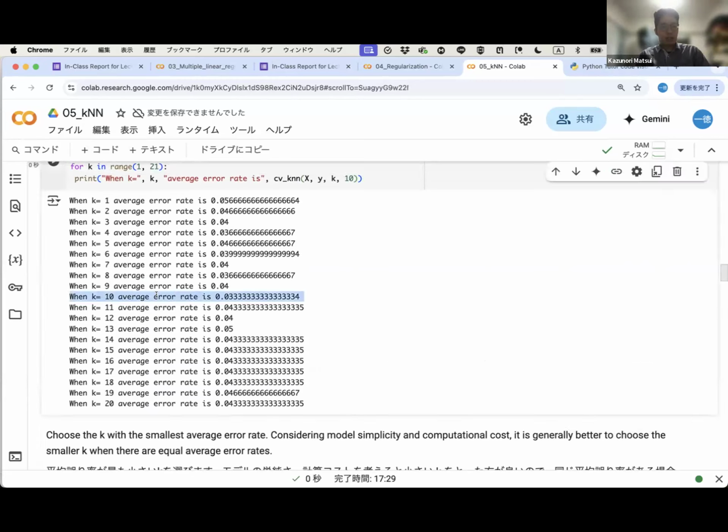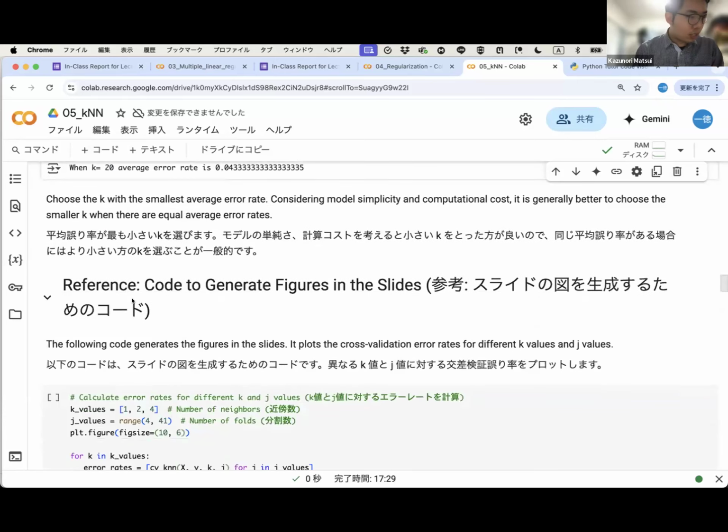When k is 10, the average error rate is the smallest error rate, 0.0333. So k is the best value. The code below is for reference.